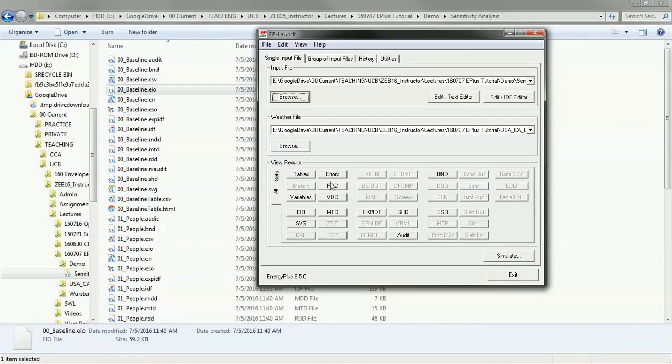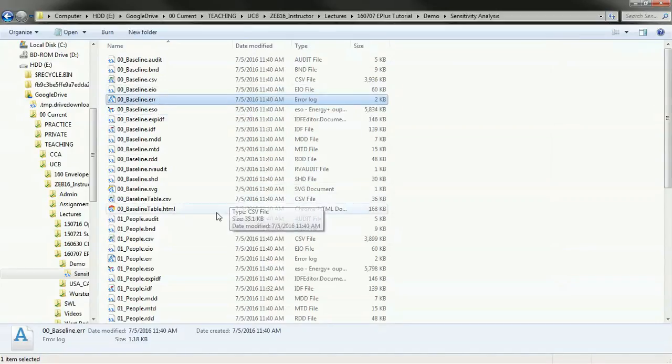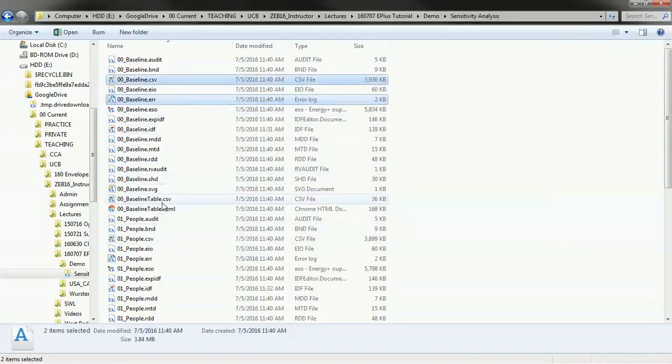The ones that we're concerned about, tables, variables, and errors, are errors, and then the tables and variables are the two CSV files. So here's the table file, .csv, and here's the variables file. And another way of doing it, so you can see there's both CSV files.